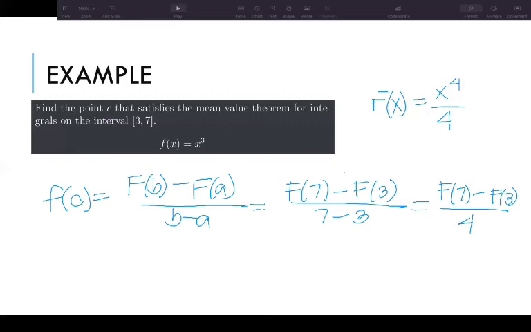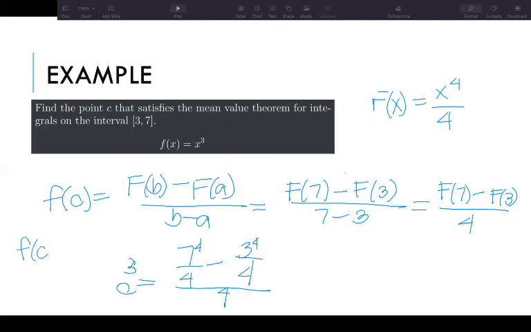Now we have capital F(7), which is 7 to the 4th power all over 4, minus 3 to the fourth power all over 4, all that over 4. So that is f(c). And for f(c), we just substitute c into f(x). So we have c cubed equals this.